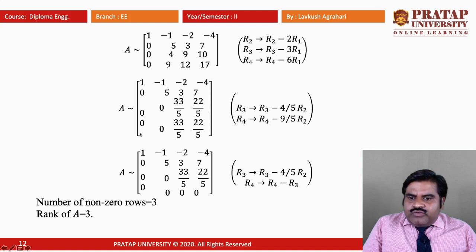The elements of the fourth row are 0, 0, 33/5, 22/5. Then with R4 replaced by R4 minus R3, the matrix is reduced to echelon form, and we can check that the number of non-zero rows is 3, hence the rank of the matrix is 3.